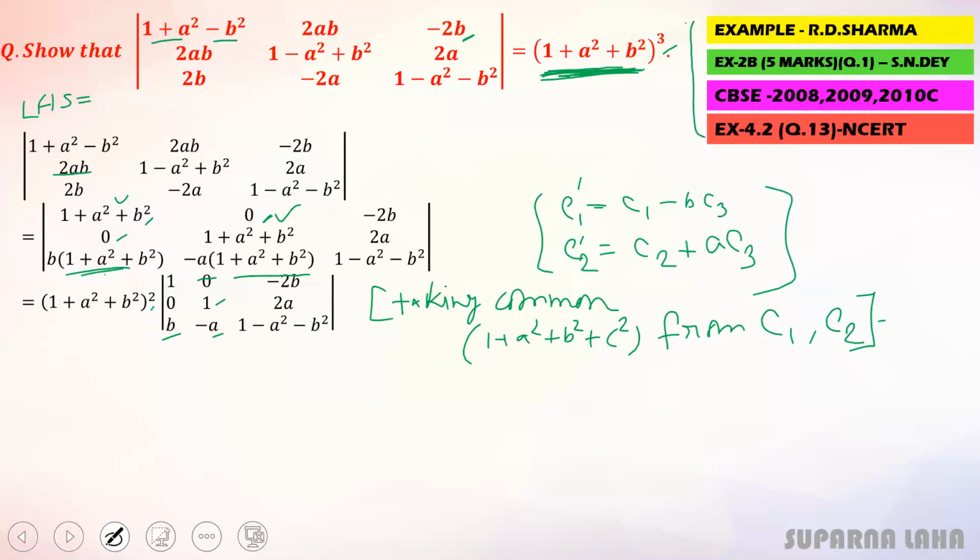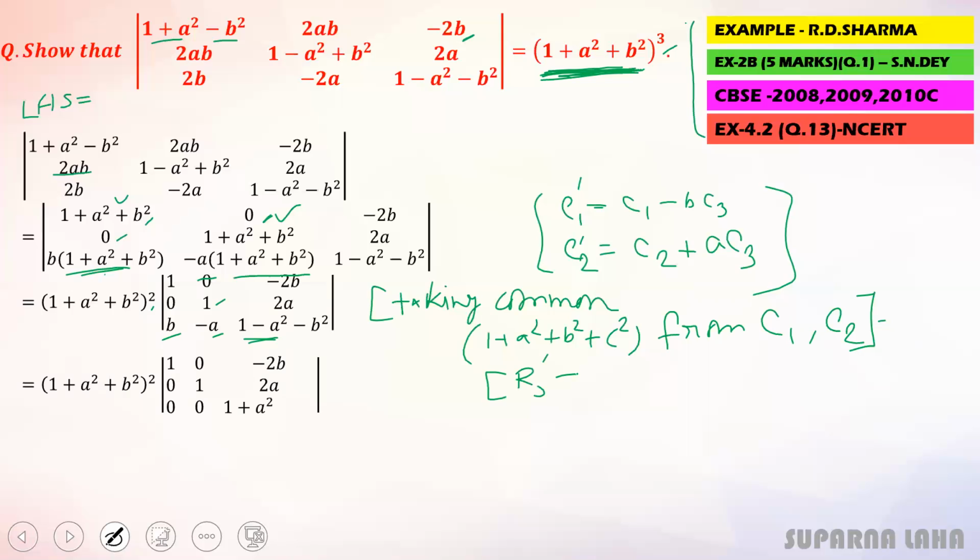So now look at here. If we just subtract, sorry, this R3 minus b into R1 and plus a into R2. So what we will find? Just apply this operation.